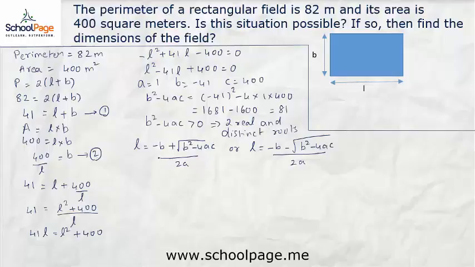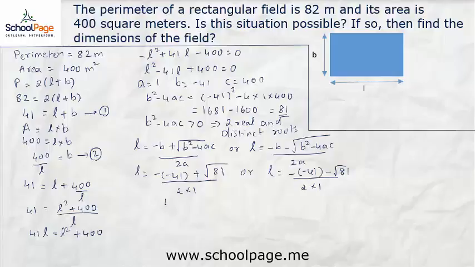Now let us substitute the values of a, b and c in this. We get L is equal to (minus of minus 41 plus square root of b square minus 4ac, we already calculated it as 81. So square root of 81) divided by 2 into 1, or L is equal to (minus of minus 41 minus square root of 81) divided by 2 into 1.